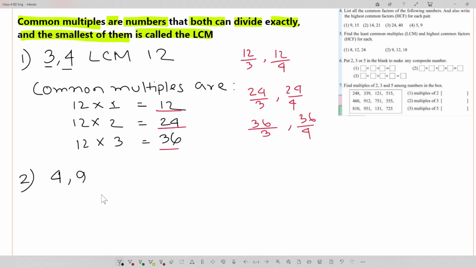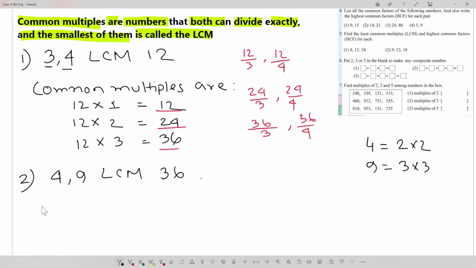Here we first find the LCM of 4 and 9, which will help us find the common multiples. 4 and 9 have no common factor, because 4 in prime factors is 2 times 2, and 9 is 3 times 3. Therefore the LCM of 4 and 9 is 36.